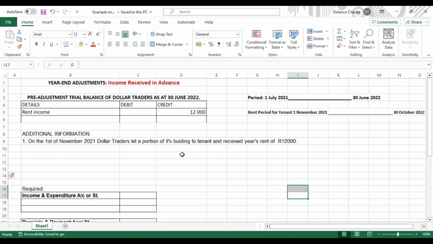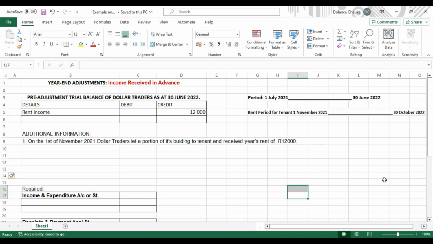So let's see in terms of accounting what's happening here. They gave us the pre-adjustment trial balance of Dollar Traders as at 30 June 2022. The additional information says that on the 1st of November 2021, Dollar Traders let a portion of its building to a tenant and received a year's rent of 12,000.